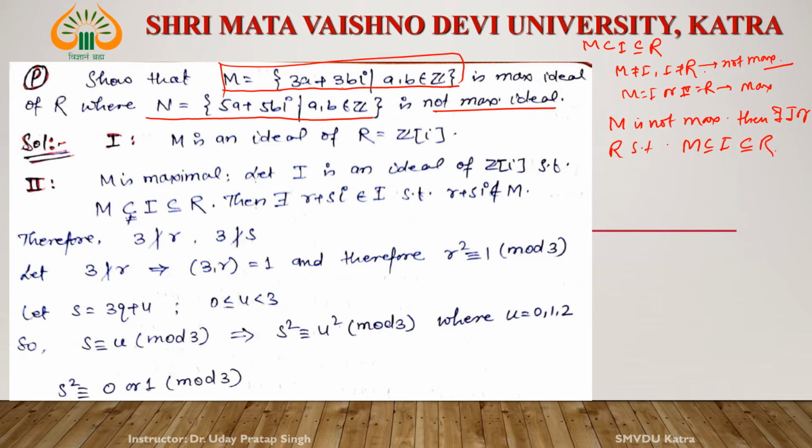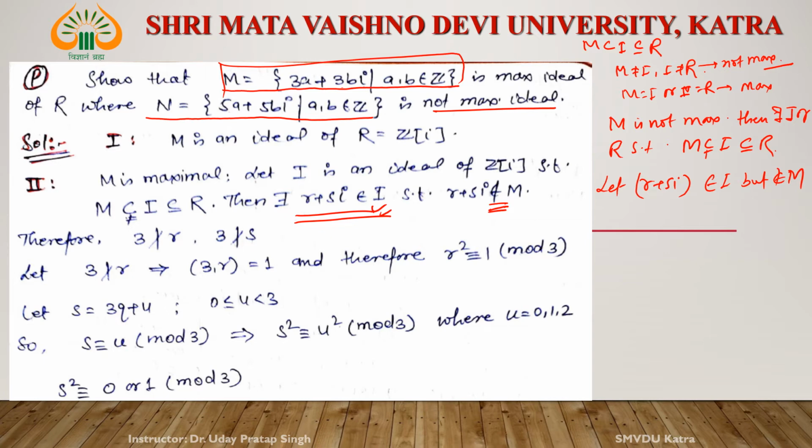Since M is not maximal, there must be some element in I which is not in capital M. Let such an element be R + SI, which is in I but does not belong to capital M. It does not belong to capital M means what?